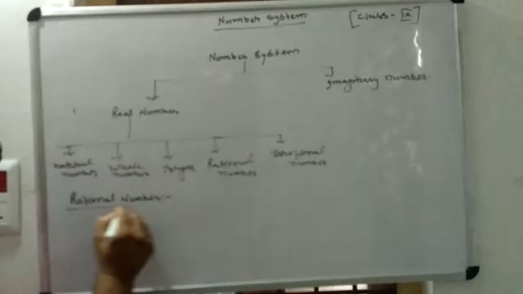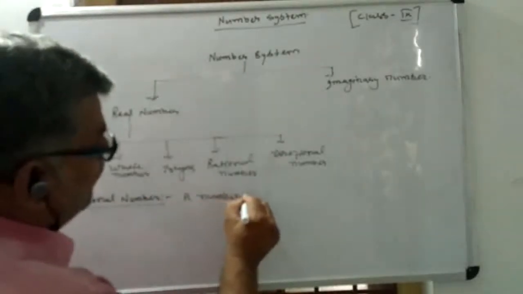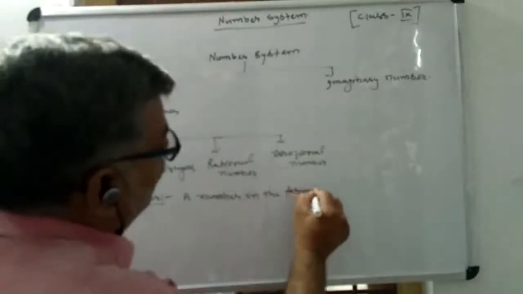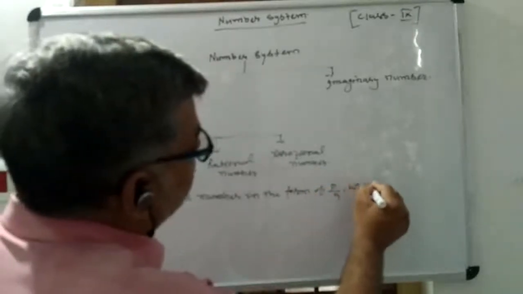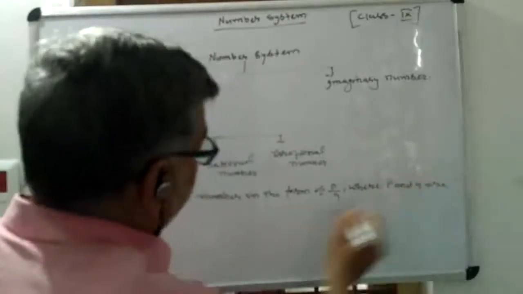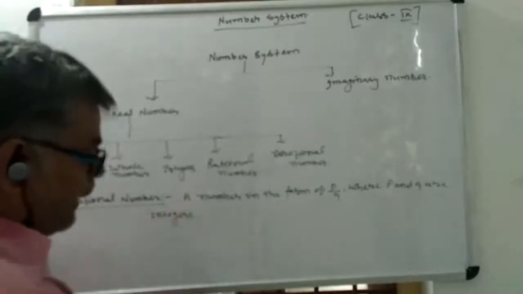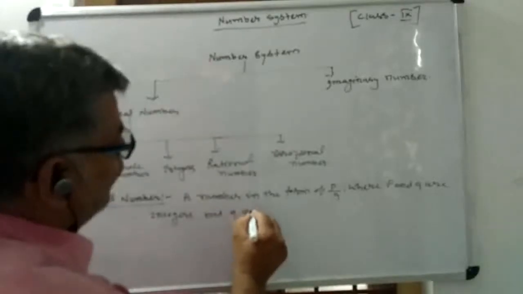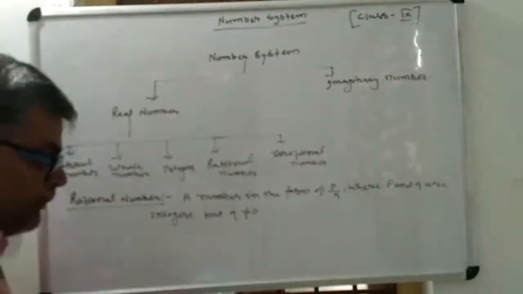Rational number: you may write a number in the form of p by q, where p and q are integers, but q is not equal to 0. It is called a rational number.